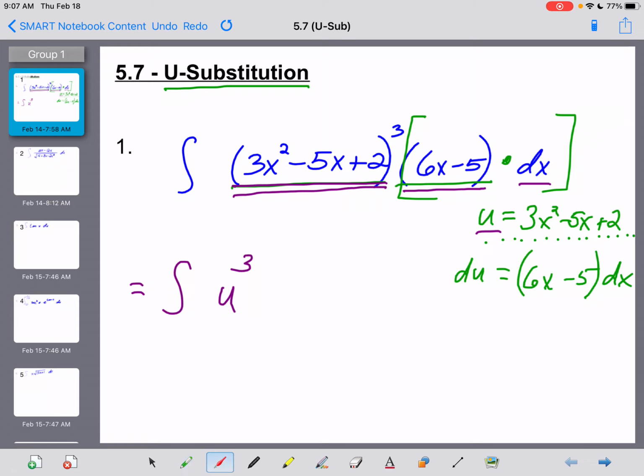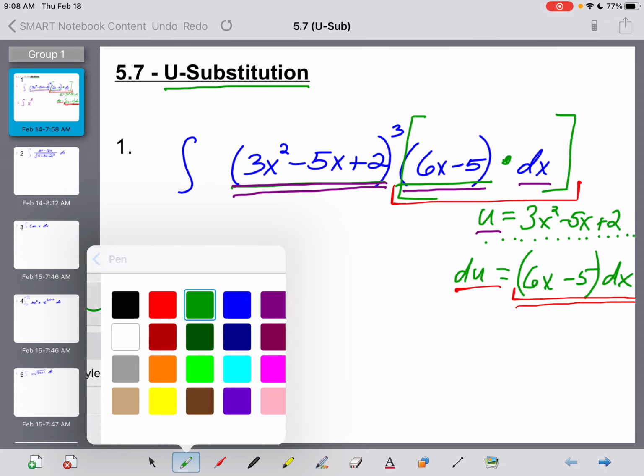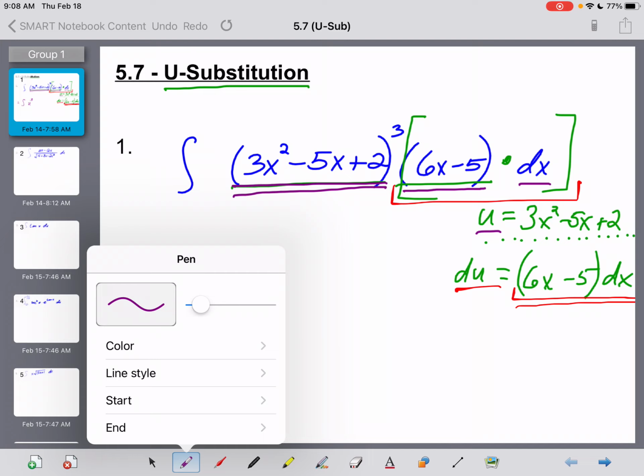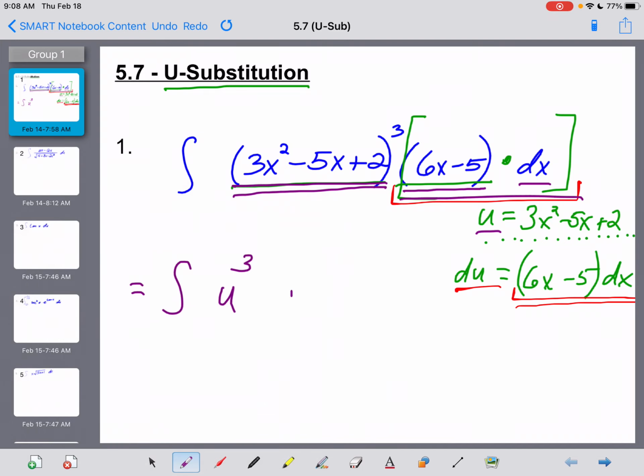And now I hope you guys see it. 6x minus 5 dx is exactly what we still needed to cover with our secondary substitution. So reading this backwards, 6x minus 5 times dx is equal to du. So the 6x minus 5 dx right here just gets replaced by a du. And look at how much simpler this new integral is to evaluate than what we started with.